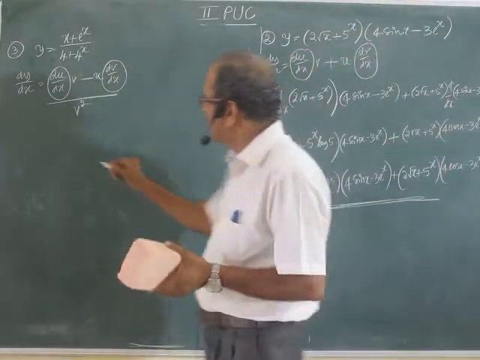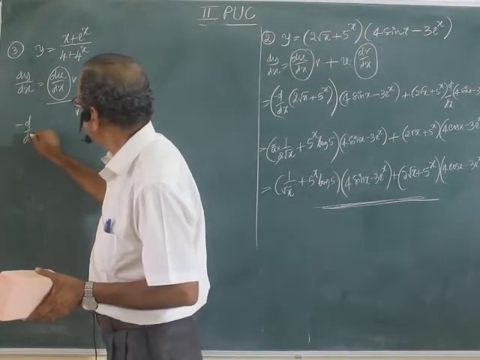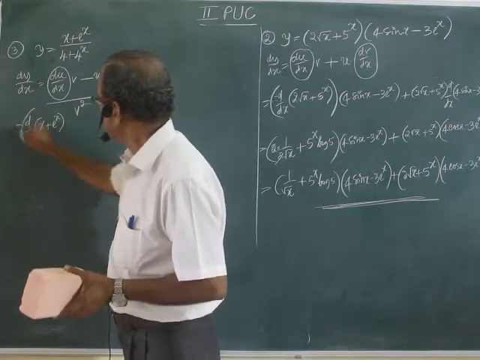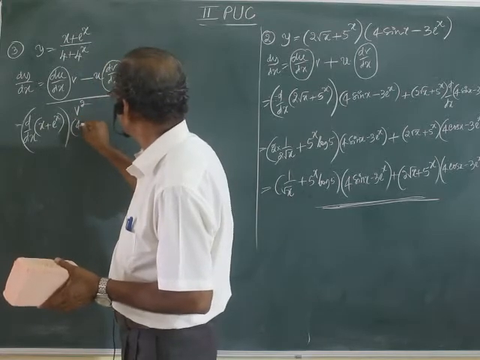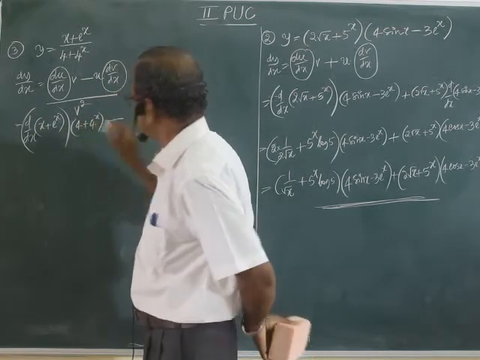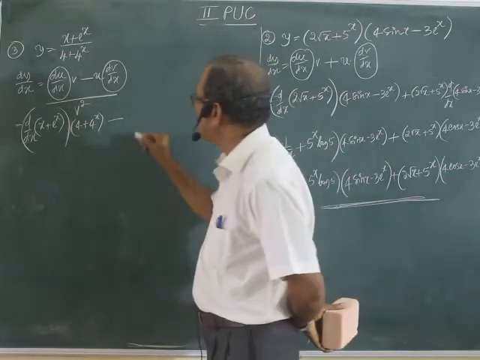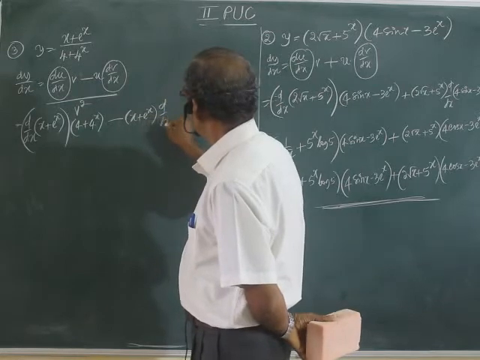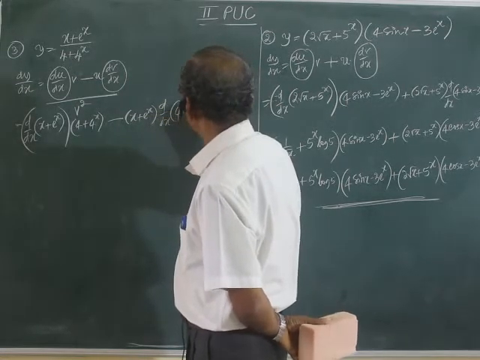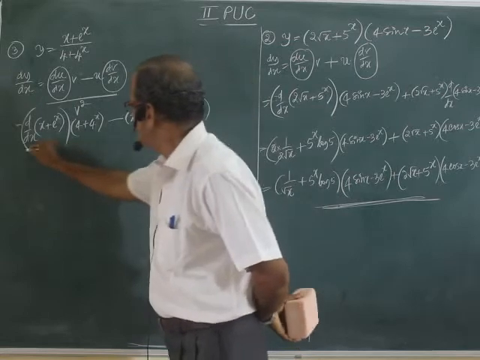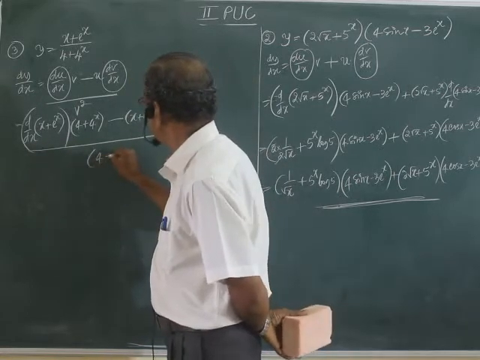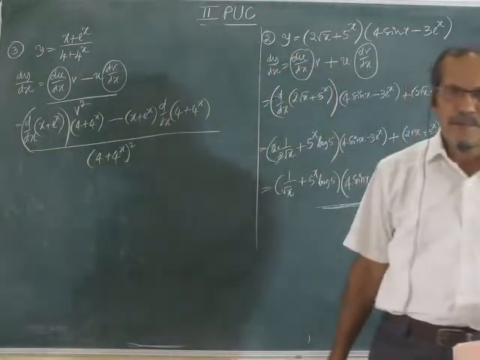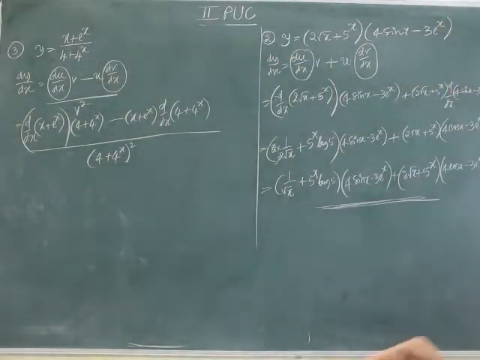Next, d by dx of numerator, e to the power x, into denominator as it is, 4 to the power x, minus numerator as it is, d by dx of denominator, right? Full divided by whatever denominator you have, its whole square. Function with the substitution over.